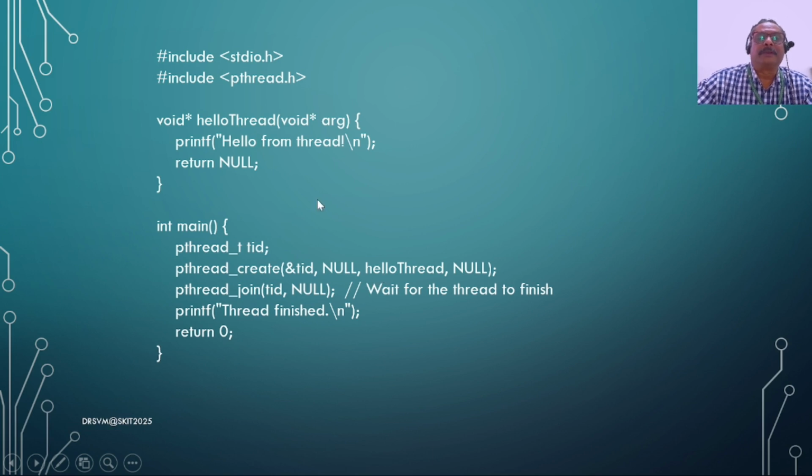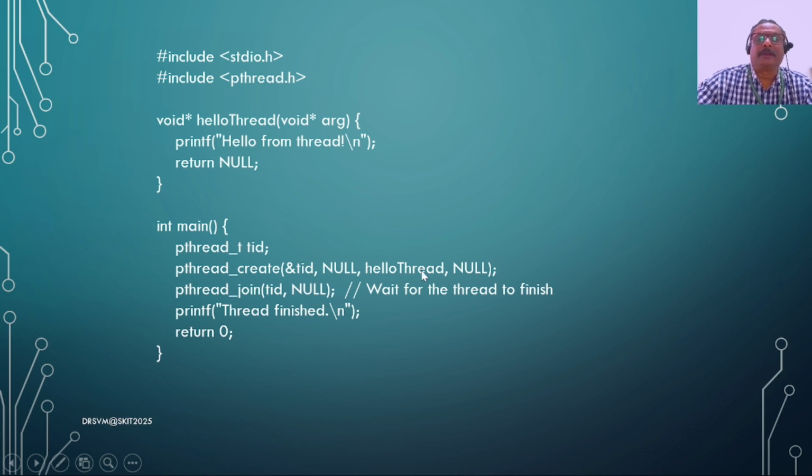So this function is attached to this thread, and then we say join. Join means the parent thread should wait till this thread TID is running. So wait for the thread to finish, and once the thread finishes its action, it comes out and the parent thread will print that the thread has finished and then return 0. So in all, we created a thread like a child process.